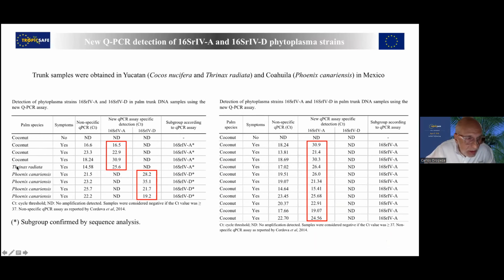So if it is coconut or Trachycarpus radiata, it could be A, and for Phoenix canariensis, it could be D. And in these particular samples, sequencing was carried out, and the subgroups that were found through the qPCR method coincided with those by sequencing. This other set of samples, which is only coconut, also showed subgroup A. No sequences have been done here. It will be done.